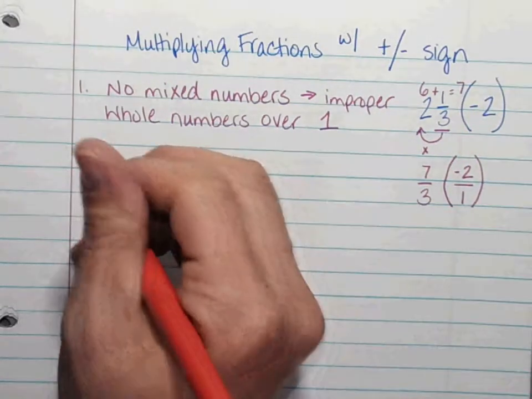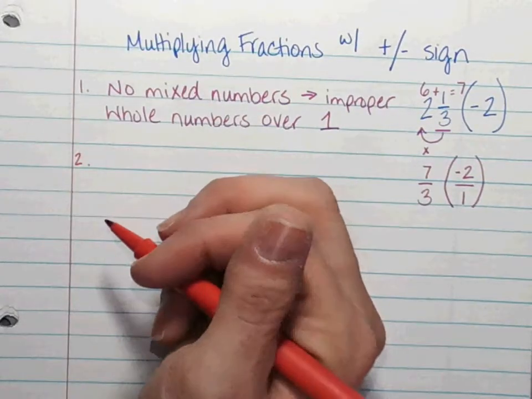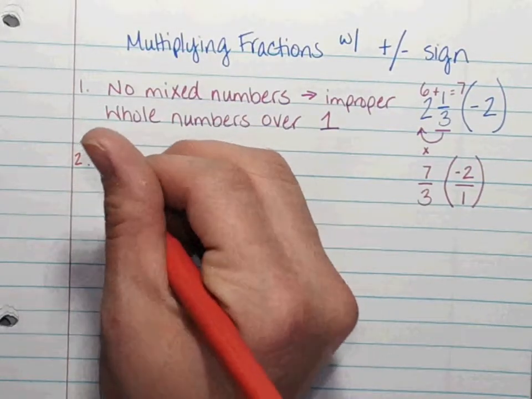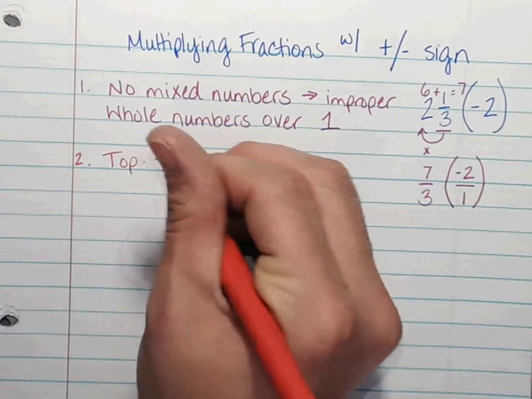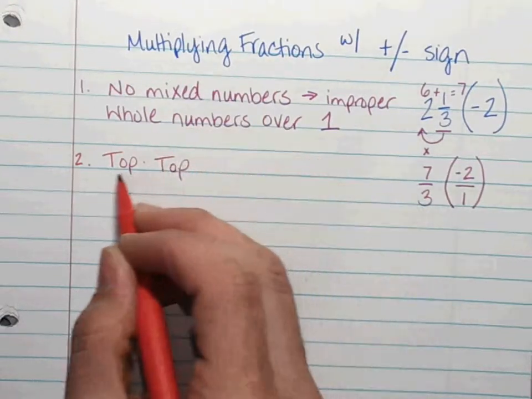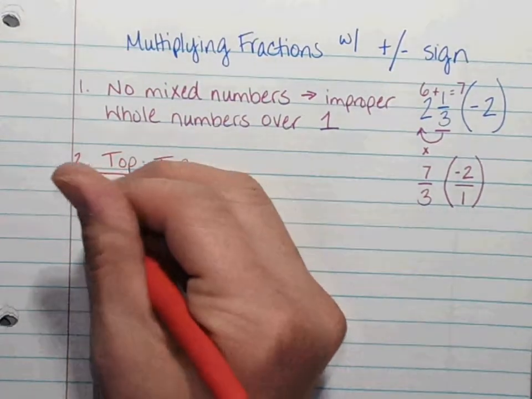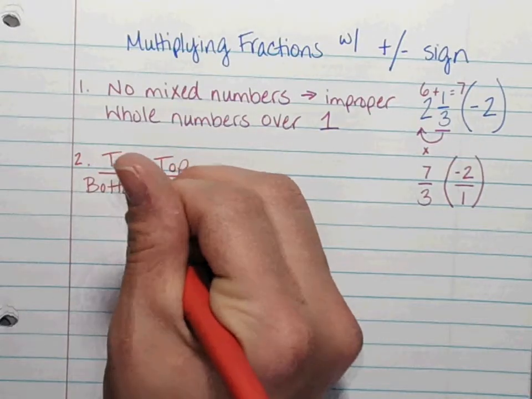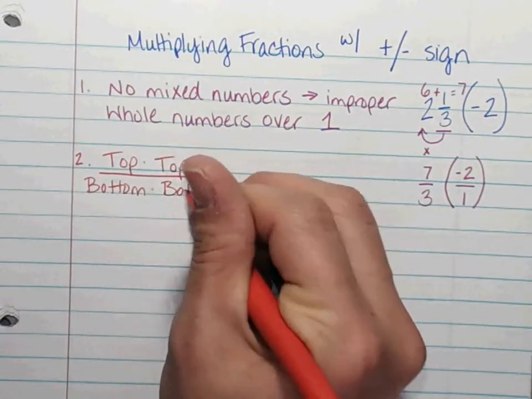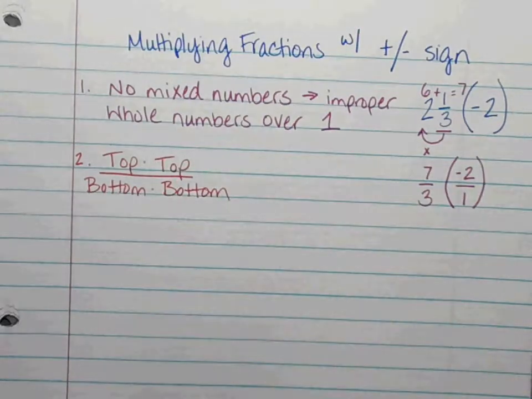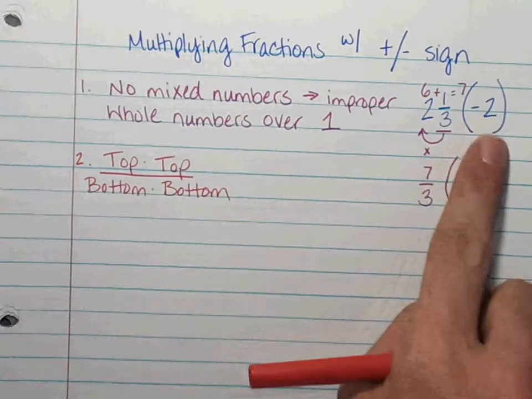Because I multiply fractions by doing top times top and bottom times bottom. And I can't top times top if it's a whole number.